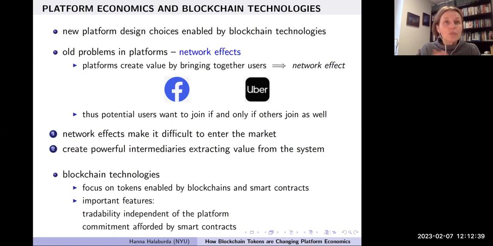So they allow for 2 features that we are exploring in this research. One is the fact that the platforms can commit to certain use of those tokens, or acceptance of these tokens, or restriction on those tokens. And at the same time, the tradability of those tokens is independent of the platform. So what we see right now is you have tokens issued by Helium or Filecoin that can be traded independently of the platform that issued it.